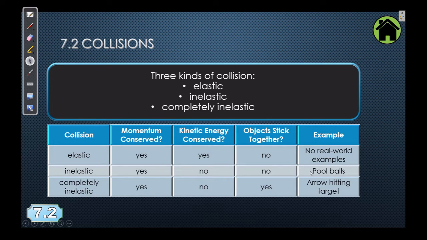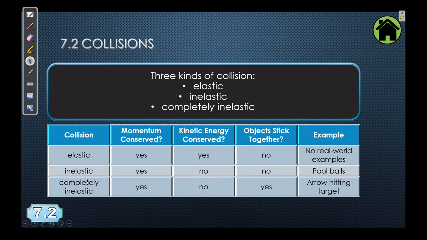That energy had to come from somewhere, so it makes a small withdrawal from the total kinetic energy of the system. Also, the pool balls will get slightly warmer as a result of their collision, and that also takes some kinetic energy. So in real-life collisions, there's always some kinetic energy that's going to be transformed into other forms, which means the total kinetic energy after the collision is less than the kinetic energy before the collision.